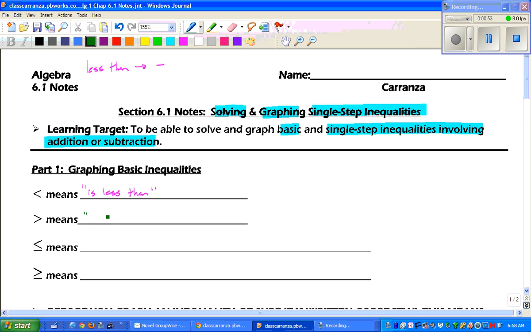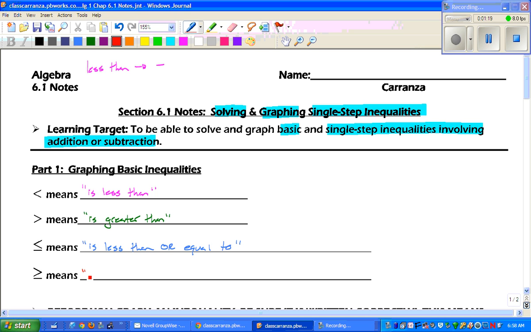Okay, the next one is greater than. And then when it's got that little bar underneath it, it means is less than or equal to. Okay, it can be either one of those.